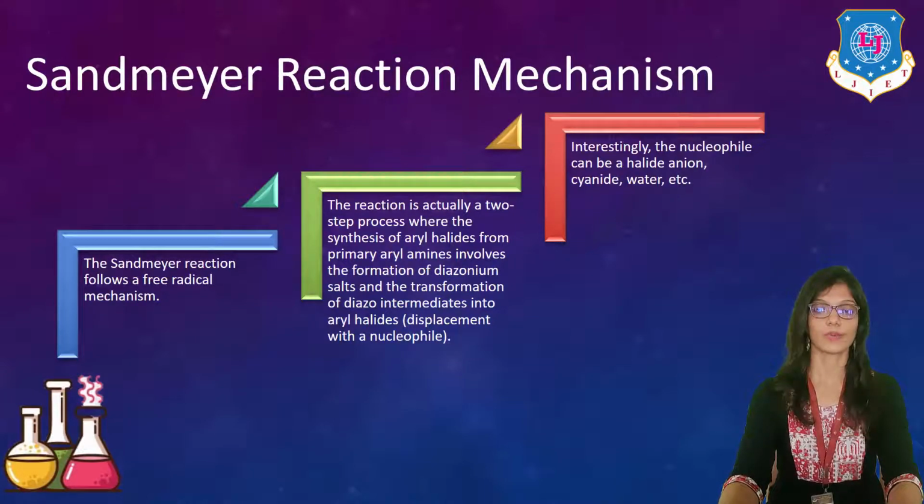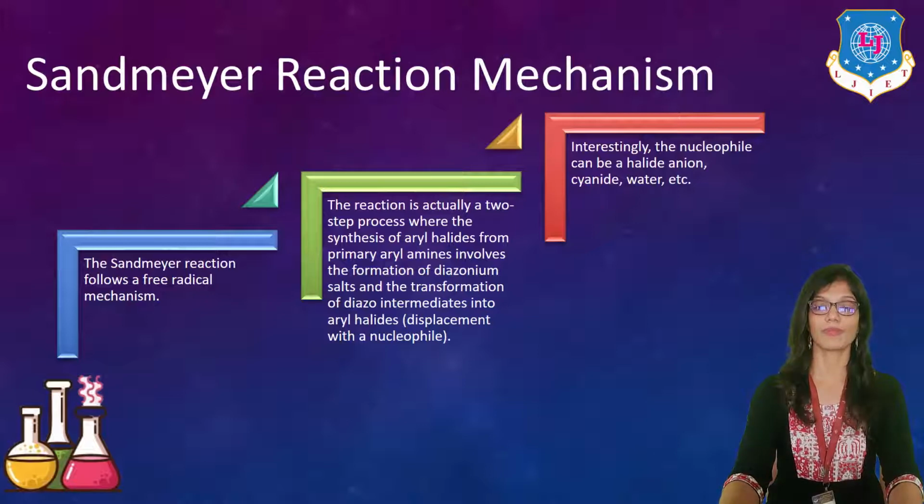So it's a two-step process where the synthesis of aryl halides from primary aryl amines involves the formation of diazonium salts and the transformation of diazo intermediates into aryl halides.